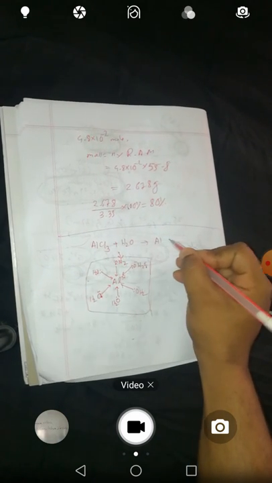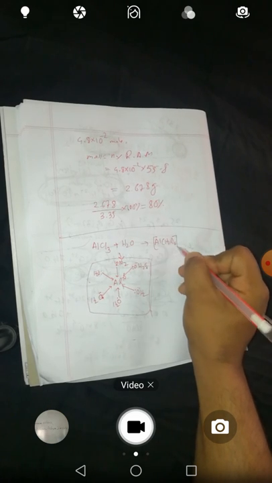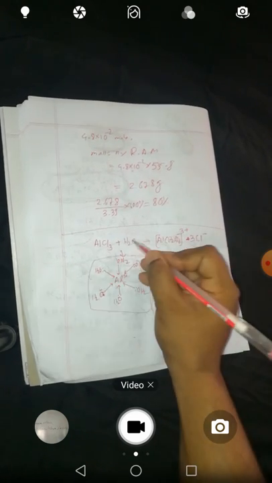So what will happen is that it will be Al(H2O)6 3 plus, because water is neutral and aluminium has a charge of 3 plus, and we will get 3Cl minus.